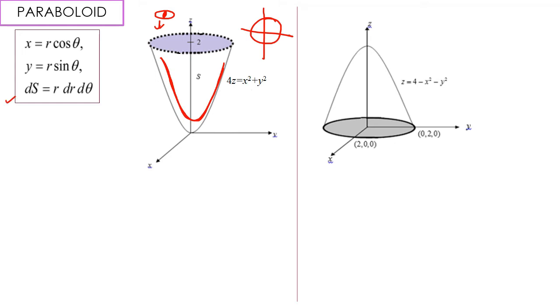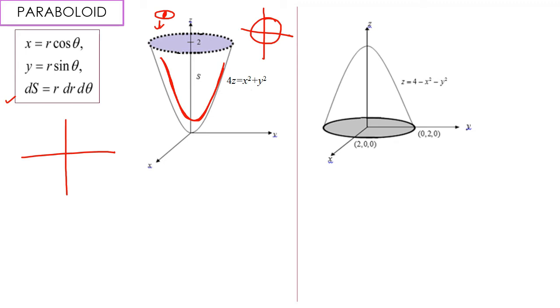Now we have two types of paraboloid. The first one is represented by the equation 4z equal to x squared plus y squared, positive x squared plus y squared. Sorry, my mistake.